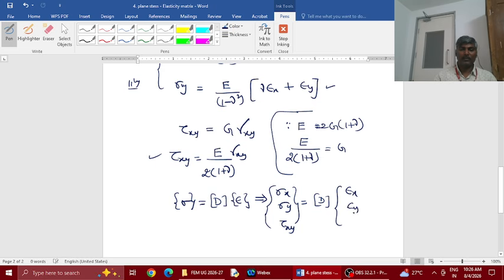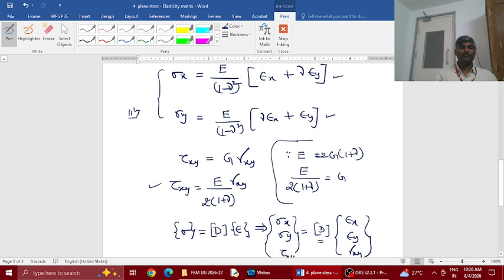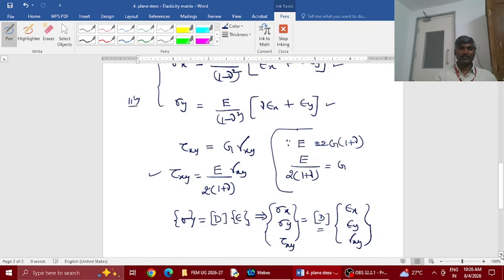We have epsilon x, epsilon y, and gamma xy. So now we need to arrange these three relations, sigma x, sigma y, and tau xy, into this matrix form. That's it.